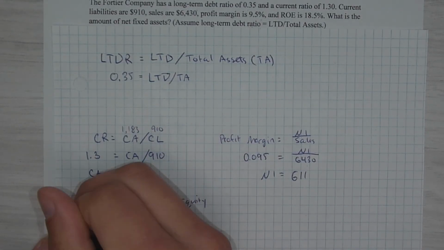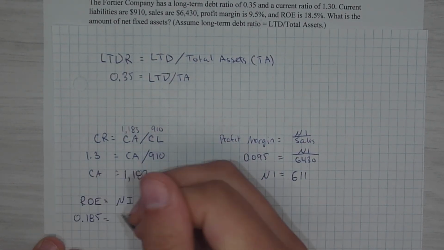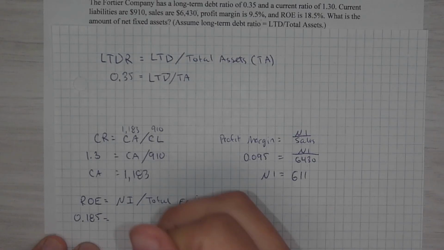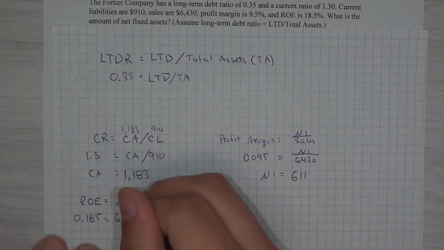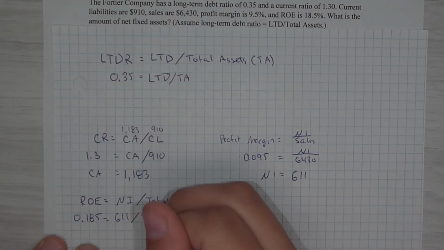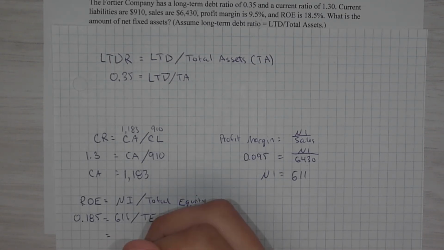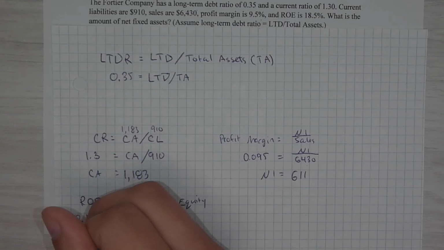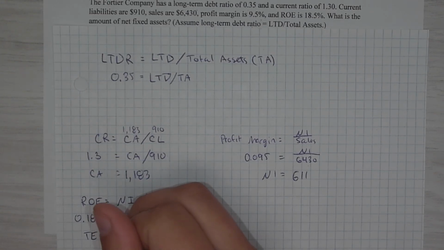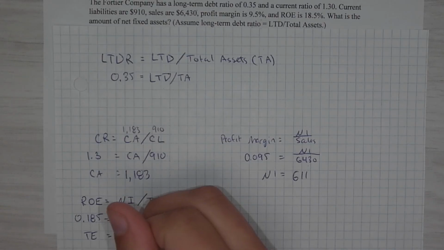So we have 0.185, and our net income is $611. And our total equity is what we don't know, but we can determine what that is by taking $611 and dividing it by 0.185 to get us a total equity of 3303.